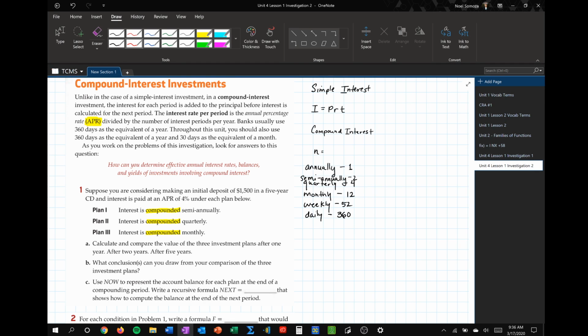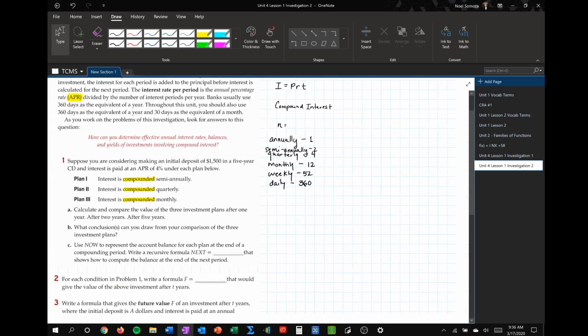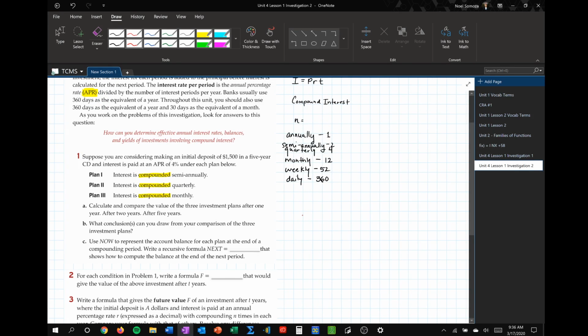For part A, it says to calculate and compare the values of the 3 investment plans after 1 year, then after 2 years, and then after 5 years. So we have to set up a little bit of a table here. We got plan 1, plan 2, and plan 3.